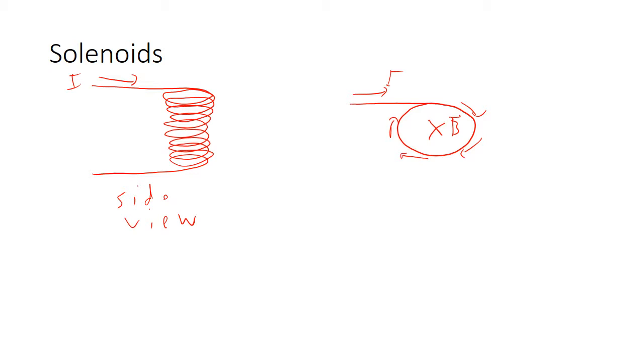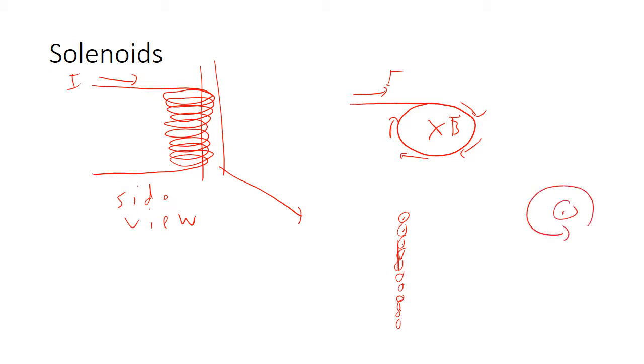You can also see that, if you take a cross section of it, each of the little circles corresponds to a wire right there. So each wire has magnetic field that is coming at you. That means the magnetic field around each wire is going to be this way.